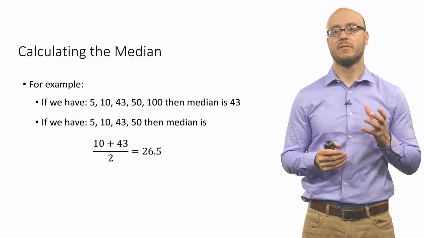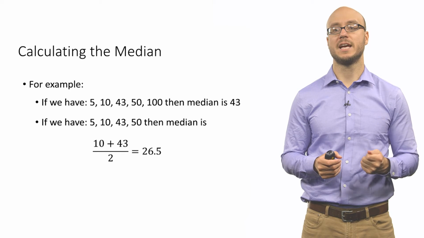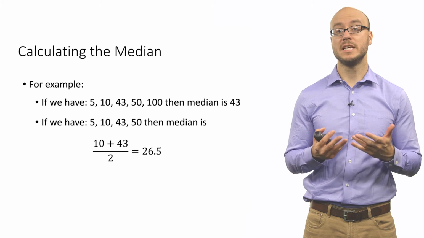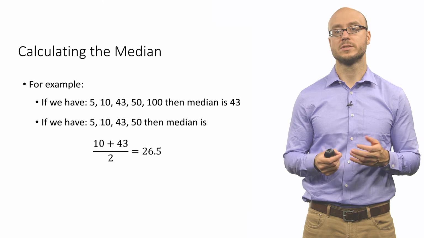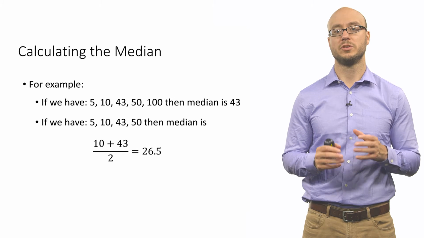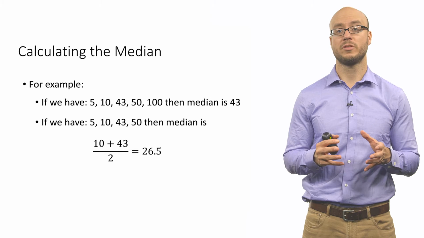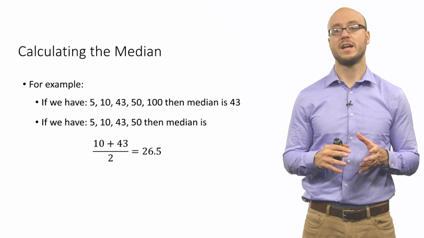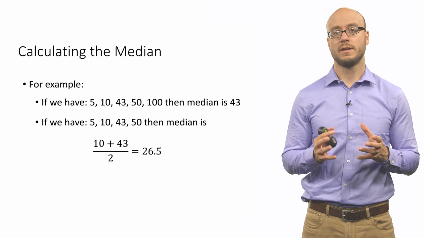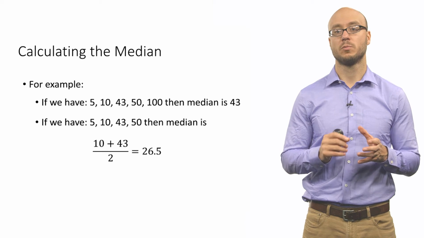But suppose we have 5, 10, 43, and 50 as our set of observations. This is an even number of observations, so the median is simply the average of the two middle observations. The two middle observations are 10 and 43, and you take the average of that and you get 26.5.